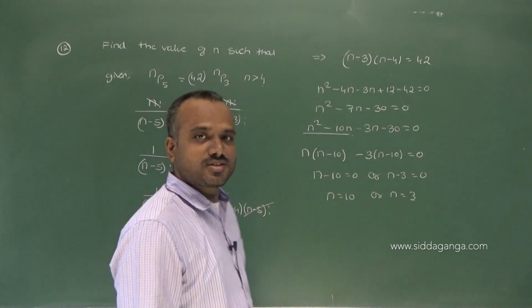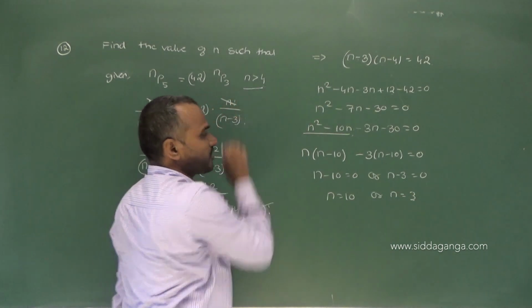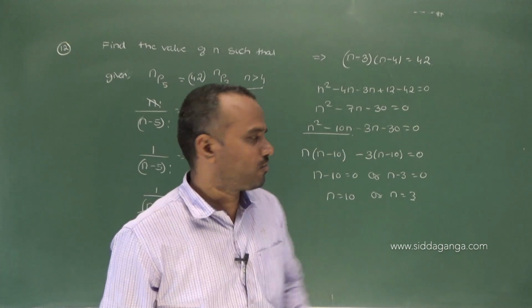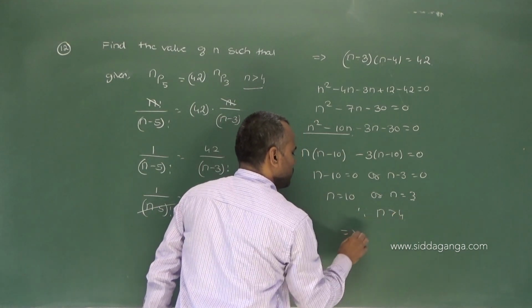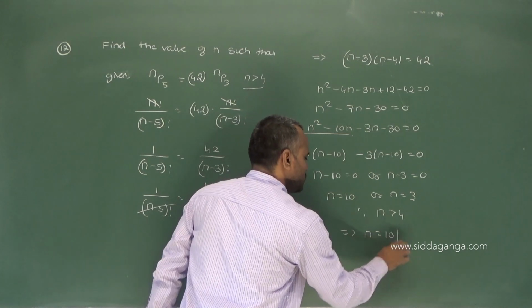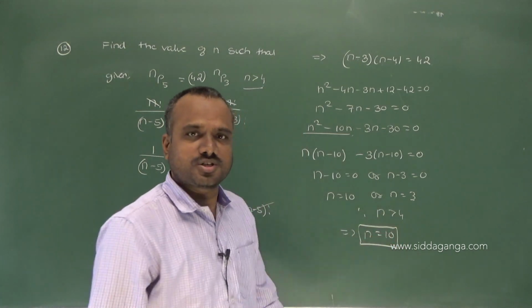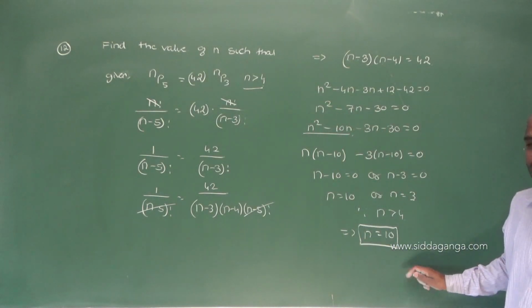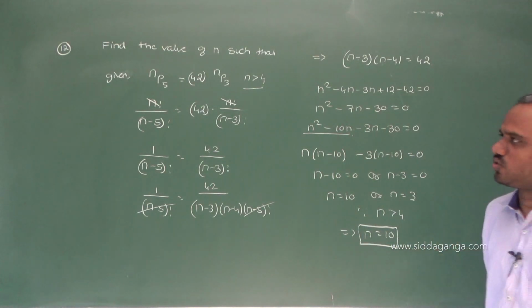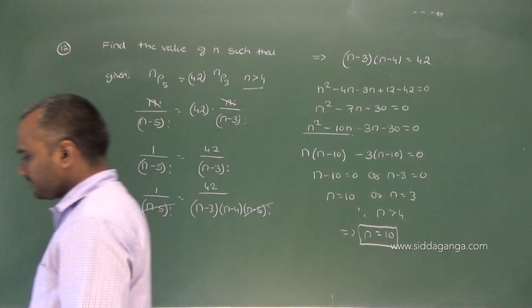One condition he has given: n must be greater than 4. Since n is greater than 4, n is equal to 10. Clear?